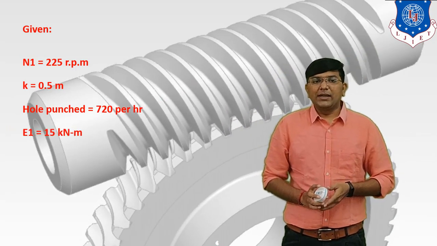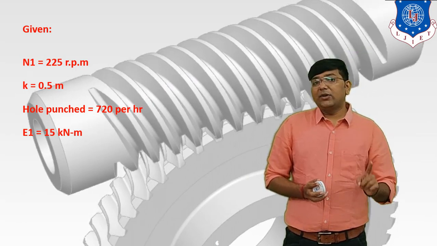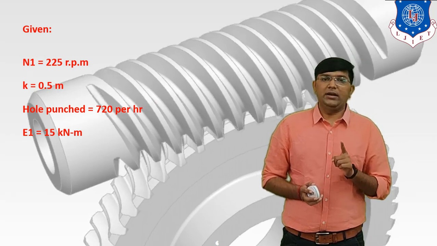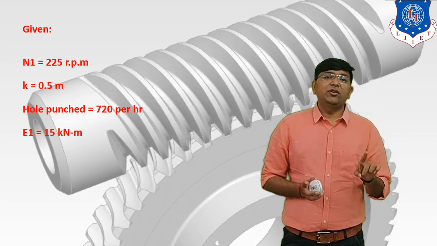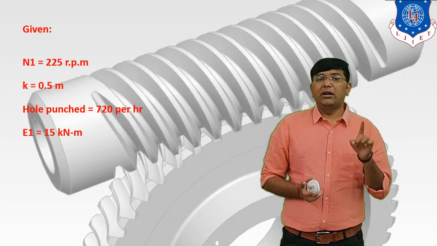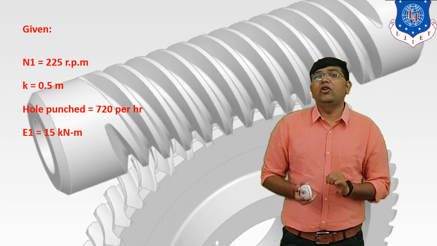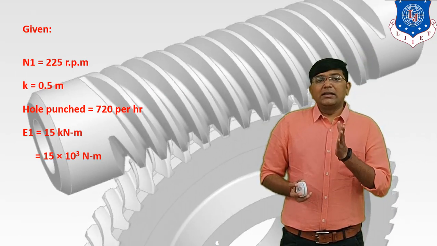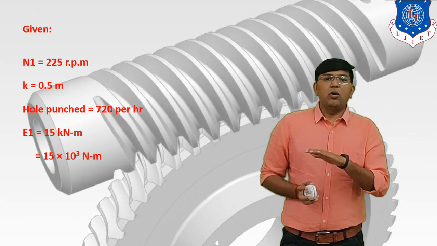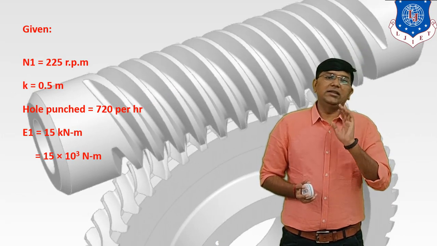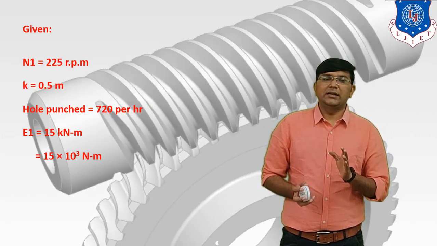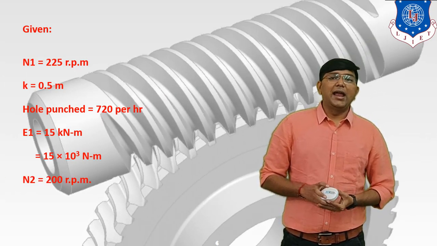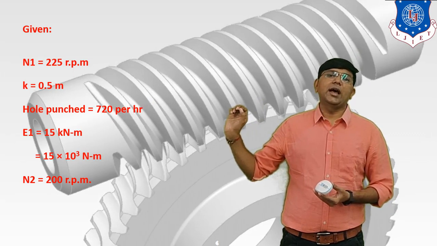Next one is capital E1, the energy required for one punching operation, that is 15 kilonewton meter. We have to convert this value into newton meter, so you have to multiply by 10 raised to 3. So 15 into 10 raised to 3 is the energy required for one punching operation. And the minimum speed, that is 200 rpm.